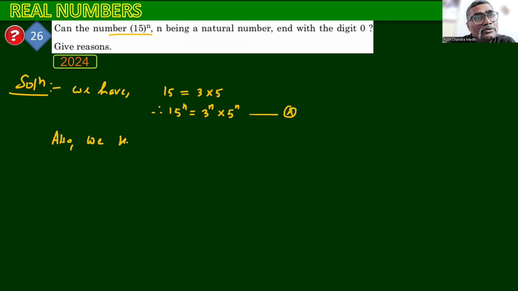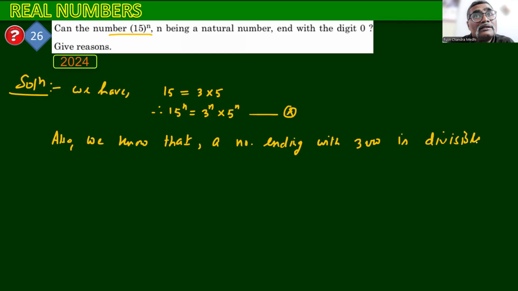Also we know that a number ending with 0 is divisible by 10, and so by 2 and 5.